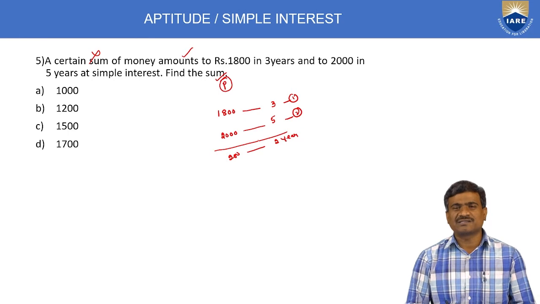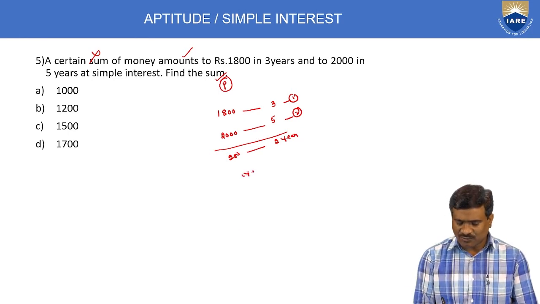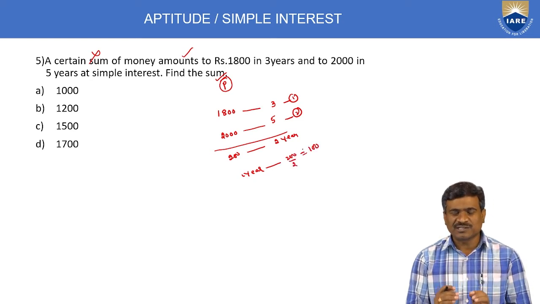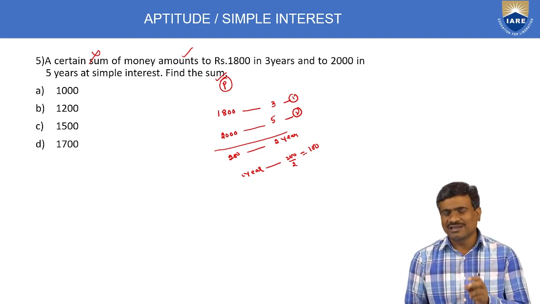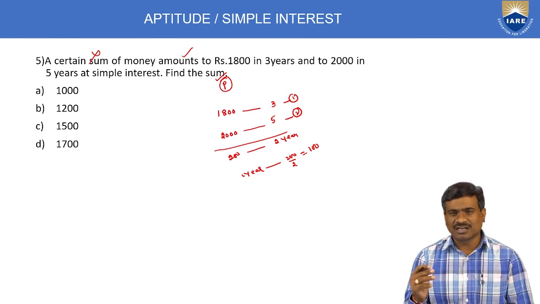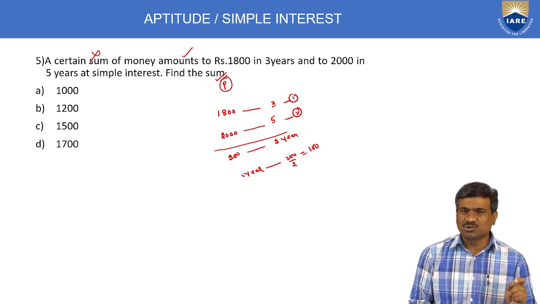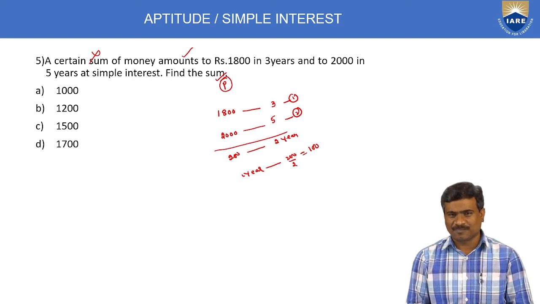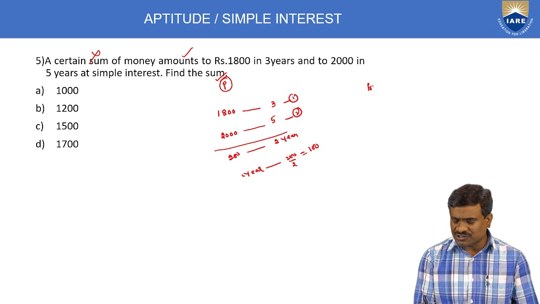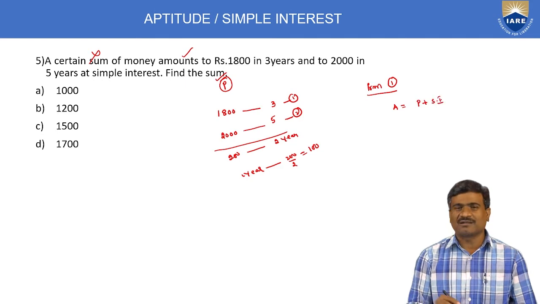So 2 years interest is 200, and 1 year interest is 100 rupees. From either of the two equations, take the first equation: amount is equal to principal amount plus simple interest.